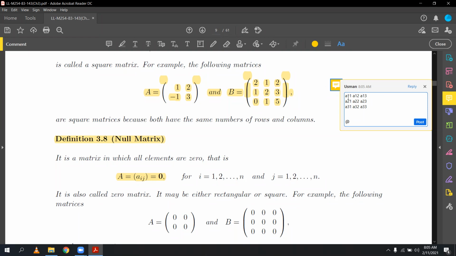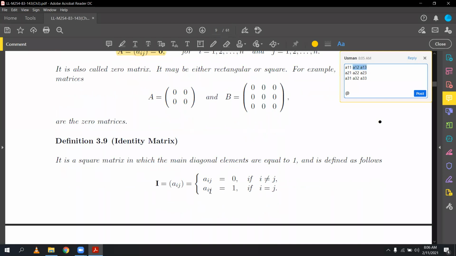Now you can see the diagonal is A11, A22, and A33, where i and j are the same. But in the upper part, the first subscript always represents the row, which we call i, and the second the column, which we call j. So i is smaller than j. But here, your i is bigger than j.